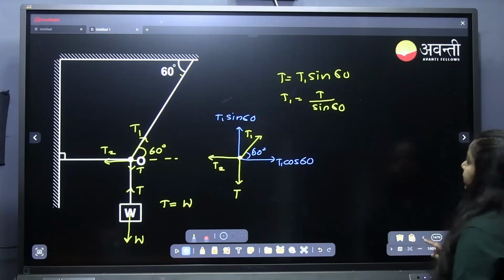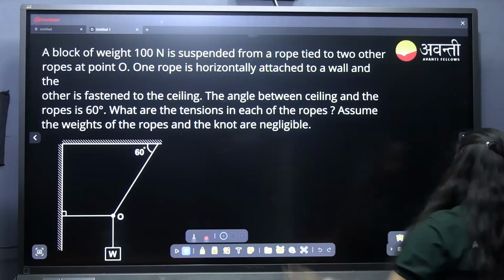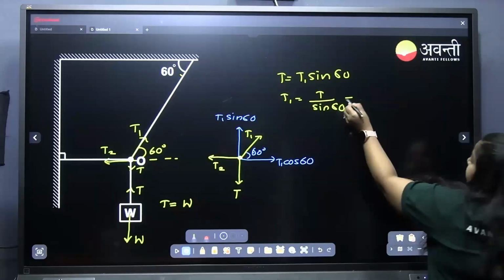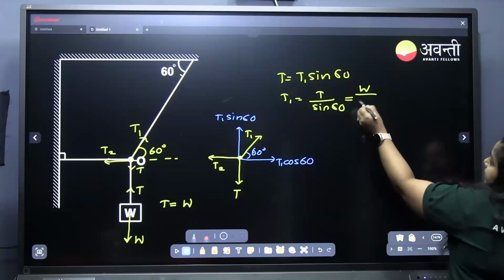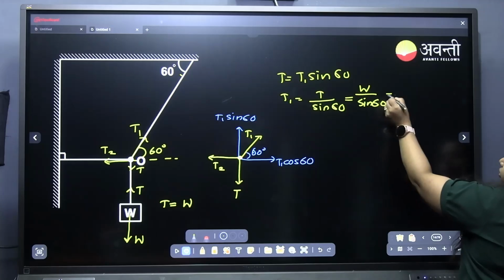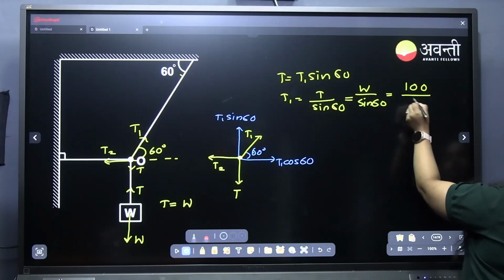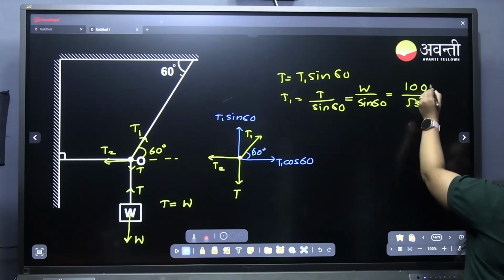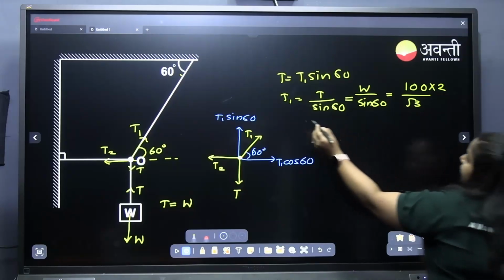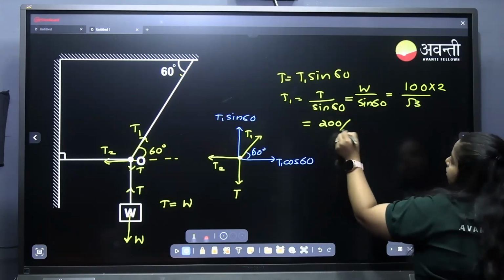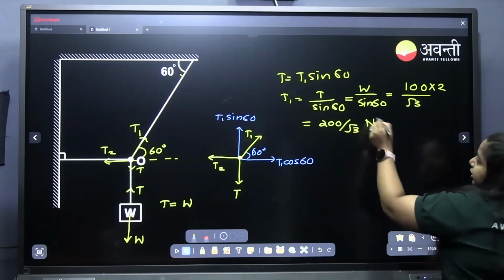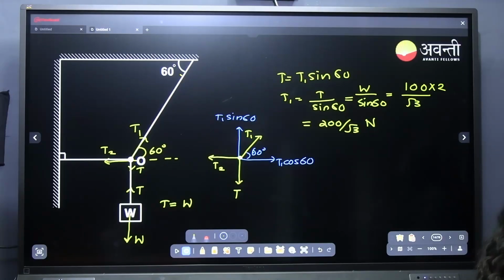So what is T? T is our weight, that is 100 Newton. So that is W by sin 60, or 100 by sin 60. Sin 60 equals root 3 by 2. So that will be equal to 200 by root 3 Newton. That is T1.